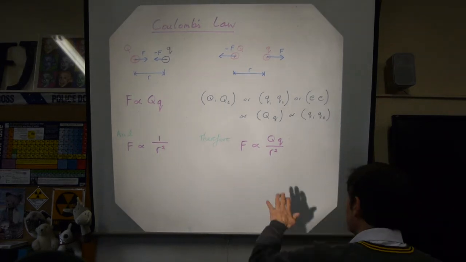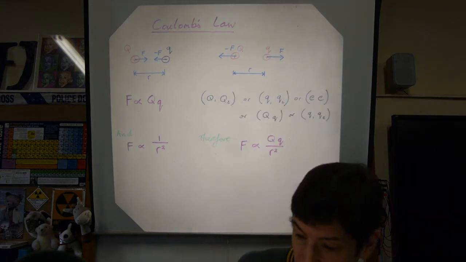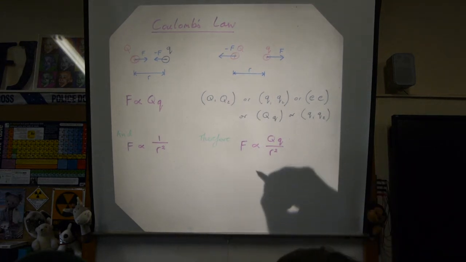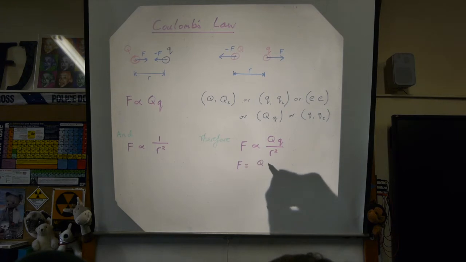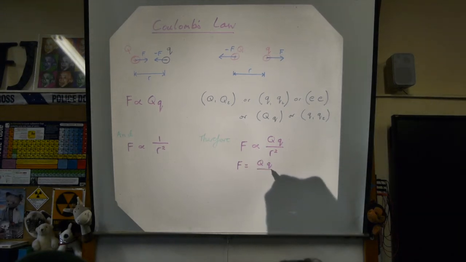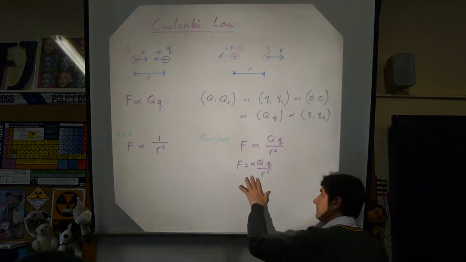And now it gets a little bit complicated. How do we make this into an equation? Well, of course, what we do is we say that F is equal to Q1 Q2 upon r squared, and we put a k in here. Some kind of a constant.